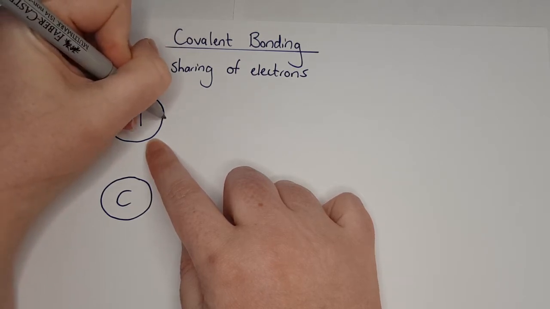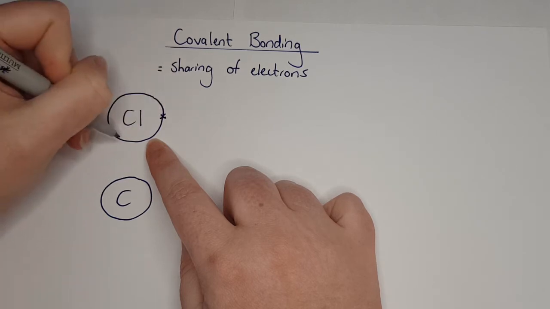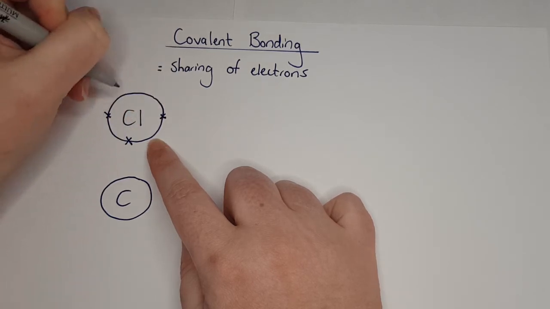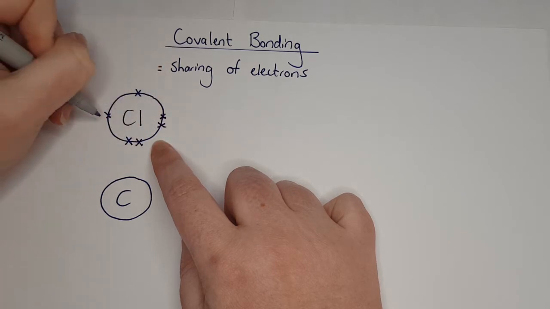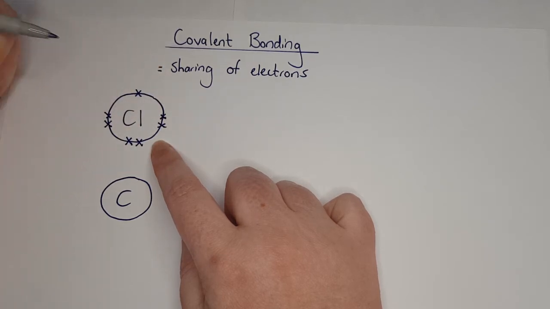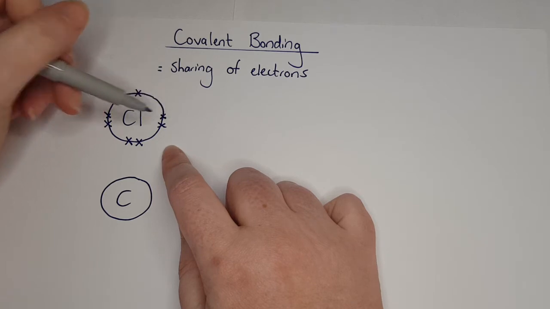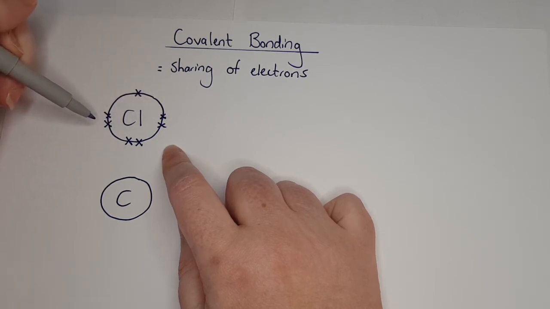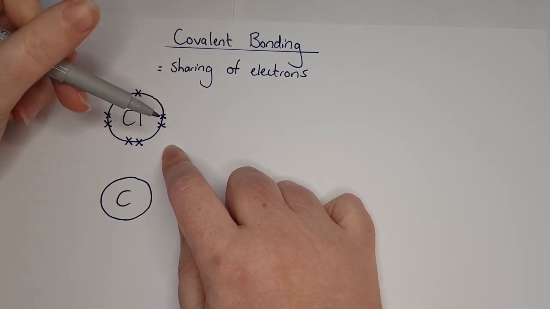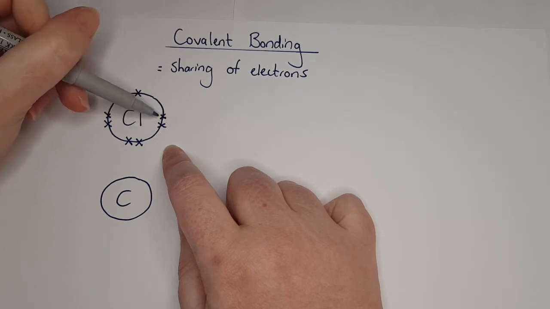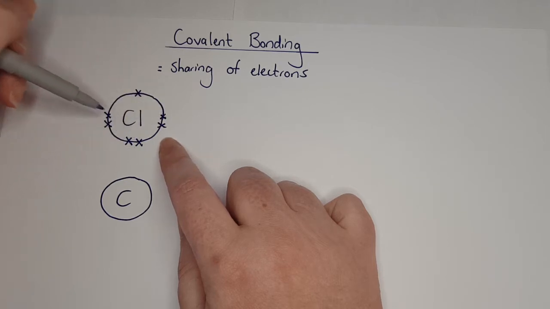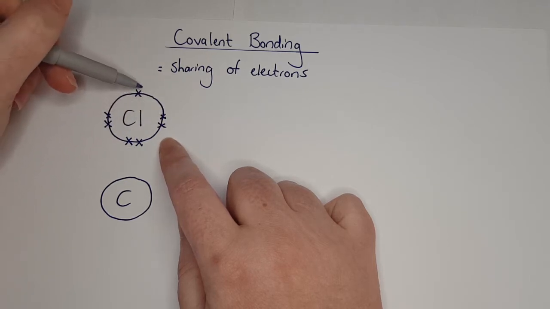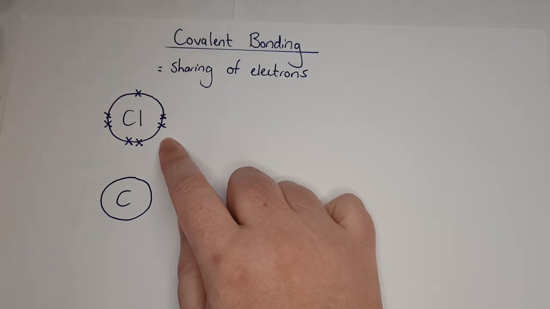So I can say there's 1, 2, 3, 4, 5, 6, 7. So we always go 1, 2, 3, 4 single electrons, and then we pair them, because this will tell us how many lone pairs of electrons we have. So chlorine has 1, 2, 3 lone pairs.